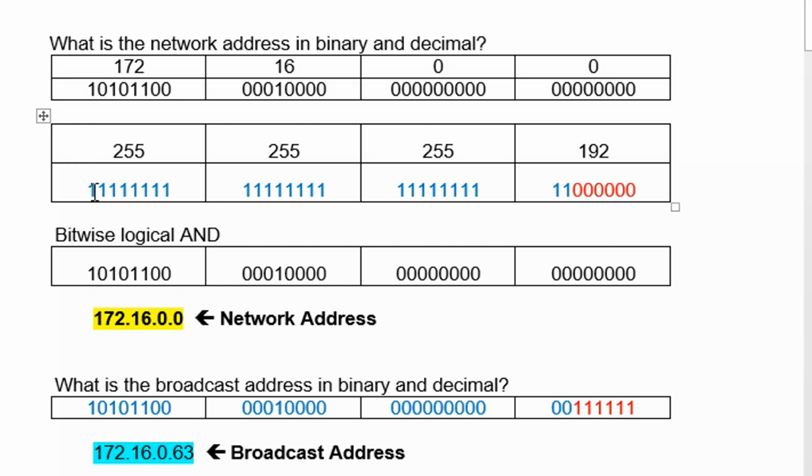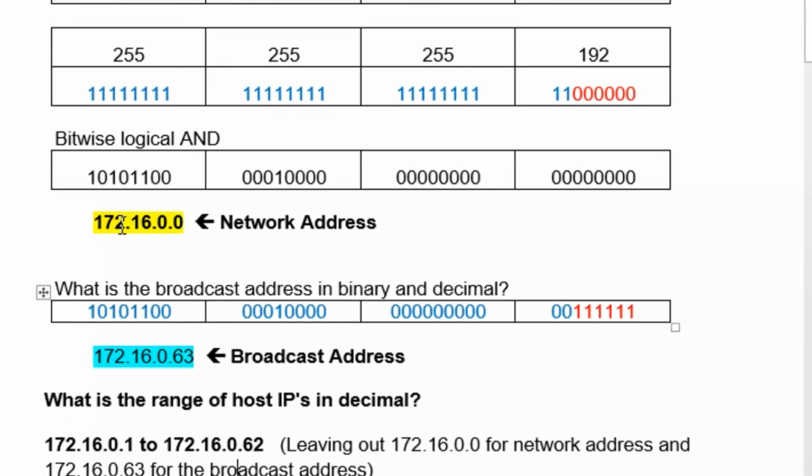So when both are 1s, it'll be a 1. There's one example here, and two here, and none here. And in this case, even though these are all 1s, the result is all 0 because they both have to be 1. Once you get that, you convert it into decimal, which you know how to do, and that is your network address.